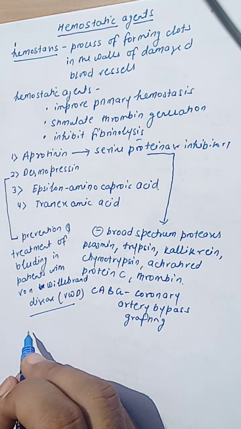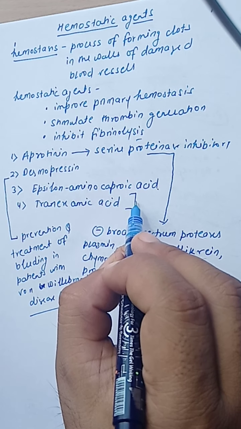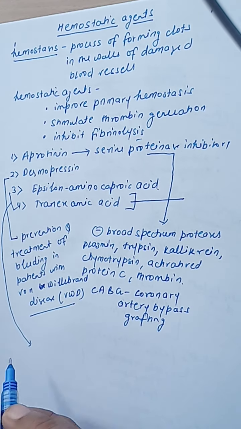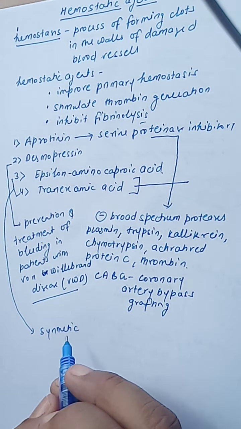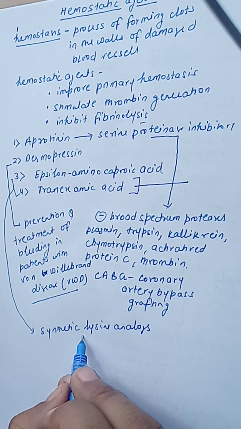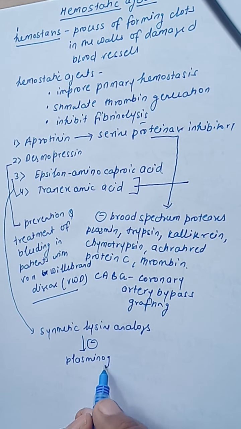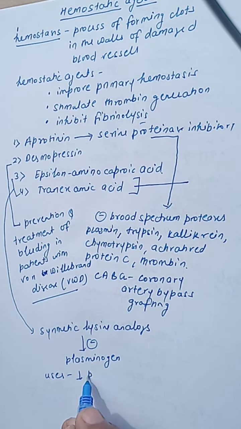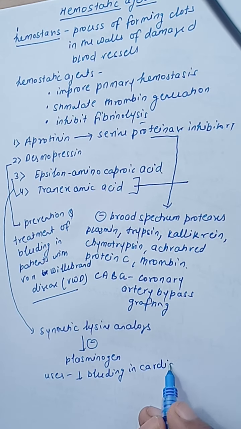Epsilon aminocaproic acid and tranexamic acid, these 3 and 4, are synthetic lysine analogs which particularly inhibit plasminogen. As a result, they decrease the bleeding in cardiac surgery or any other surgery.